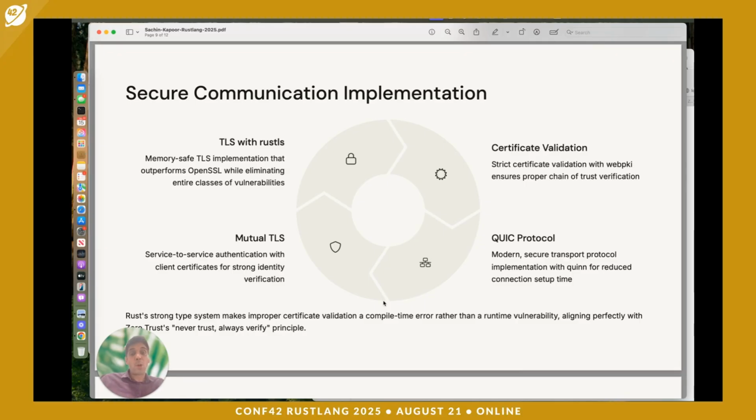And Quinn adds the cherry on top. If you want to implement the QUIC protocol for higher performance and security, I would highly encourage you to have a look at that. Overall, Rust's library ecosystem offers strong typing and compile time detection of errors, making it a perfect choice for implementing an error-free and robust secure communication platform, and fulfills the foundation needed for a zero trust system.